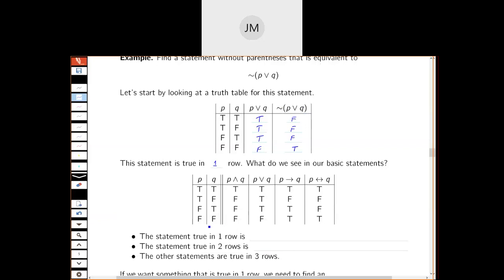So let's look at what's true in one row. Well, P and Q. So the statement true in just one row is P and Q, or the conjunction. Okay. Statements that are true in two rows, that's the if and only if, or biconditional.